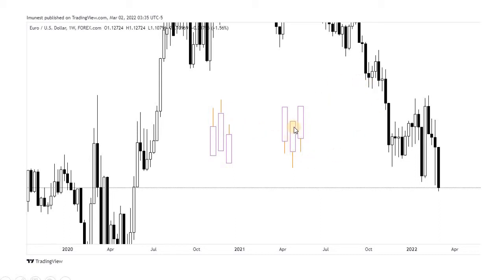And if the low of the second candle is lower than both the lows of the first and the third candle, we say that we have a swing low.